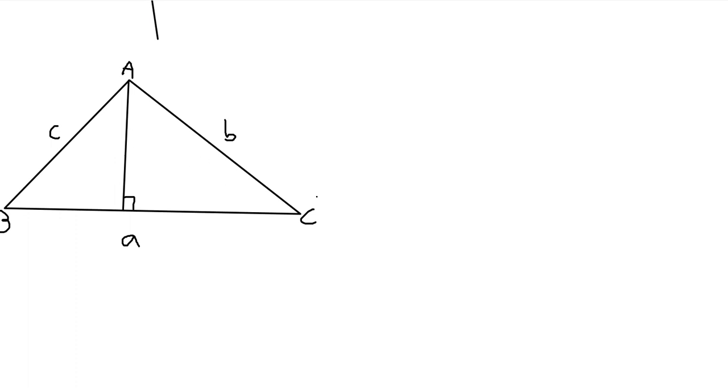Well, using trigonometry, I've dropped an altitude from A, and we have this right triangle with this angle, which I'll call angle C, capital C, and we see that the height is just b times sine C. That's just the definition. And so the area K for the same triangle is just 1/2 ab sine C.